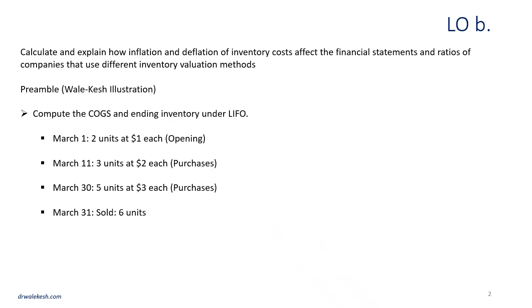Moving on to LIFO, still using the same question. On the 31st of March, 6 units of inventories were sold. As far as LIFO is concerned, the last set of inventories to come in will be the first to go out.